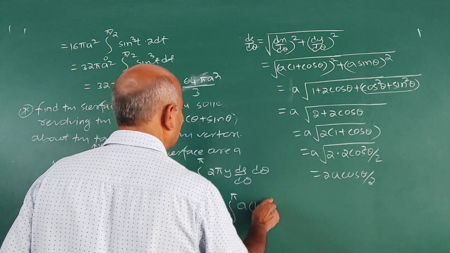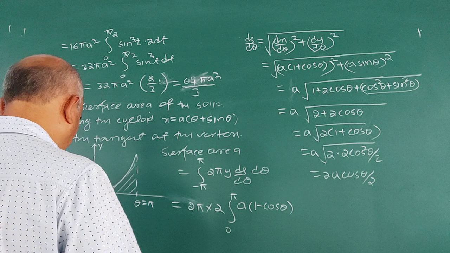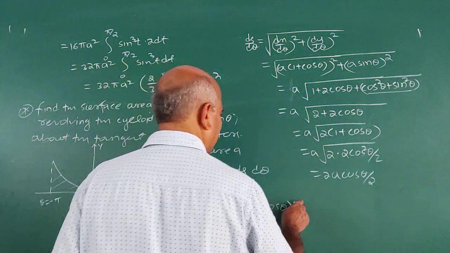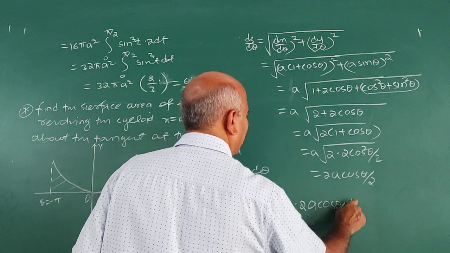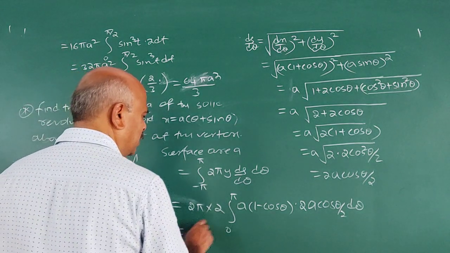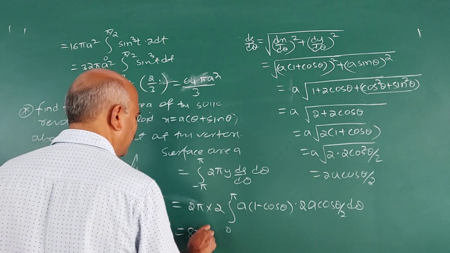A into 1 minus cos theta, is it correct? Yes. ds by d theta is 2a cos theta by 2, with respect to theta. You have to calculate this. It is 2a square, 4a square, 8 pi a square.